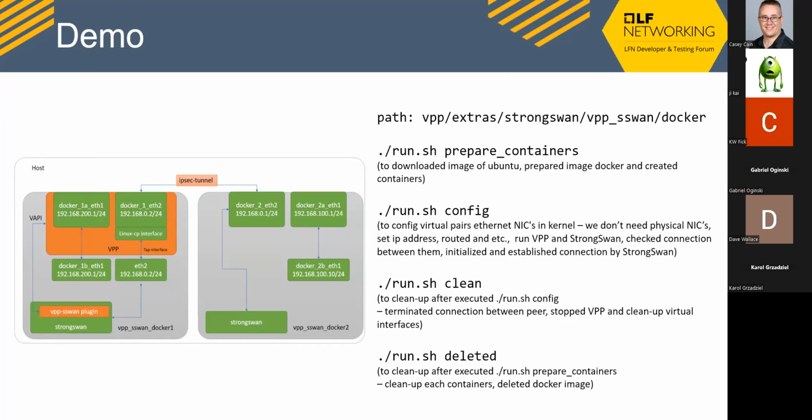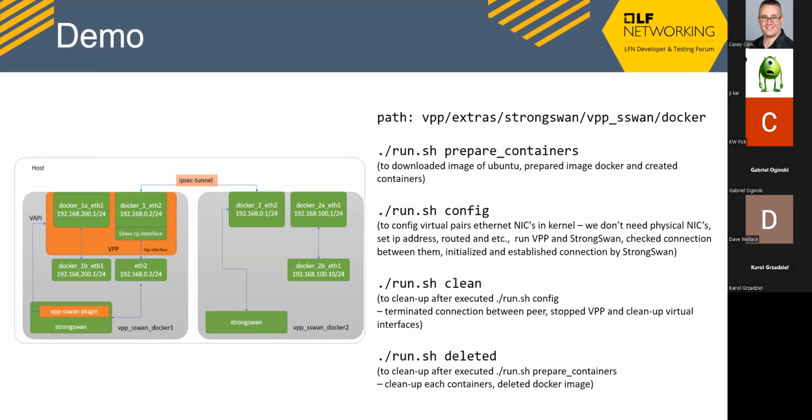Okay, so today I'm going to show an example of how to establish a connection with our plugin, how it looks before establishing any connection in VPP and also in the StrongSwan setup, and also how it looks after establishing a connection.